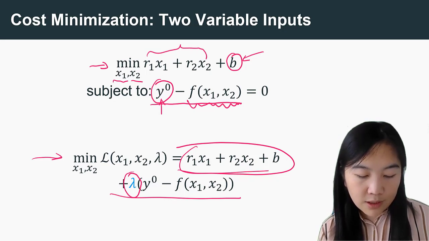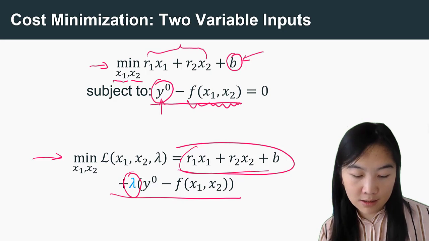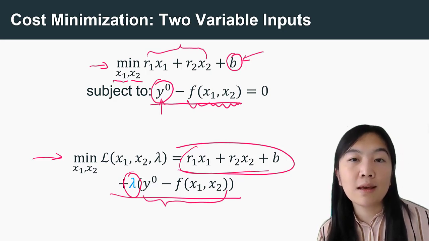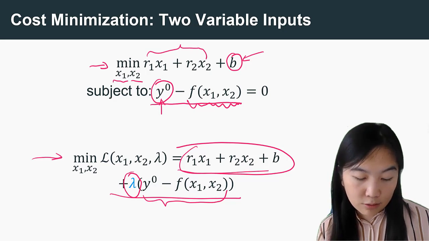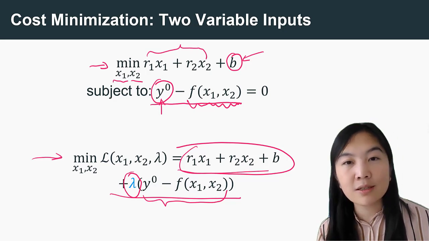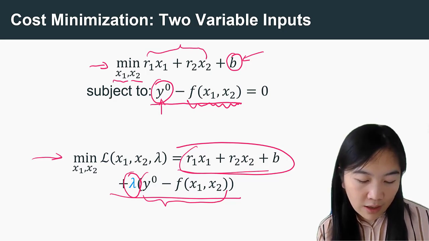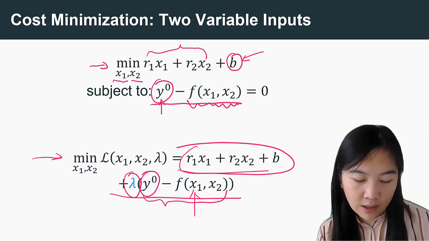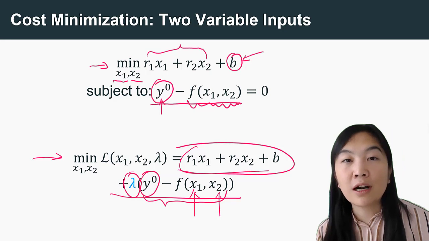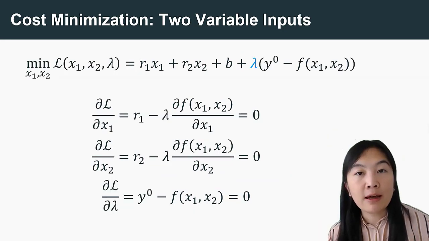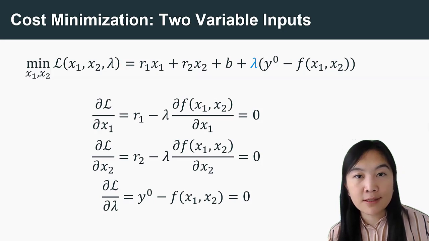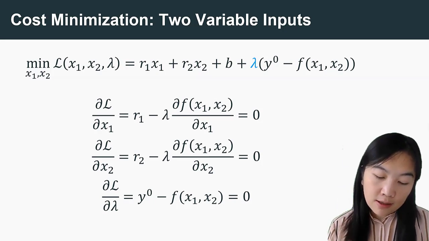And then we put this Lagrangian multiplier here, and inside this parenthesis is the constraint. And the constraint here is saying that you have to produce this Y0 level using your X1 and your X2.